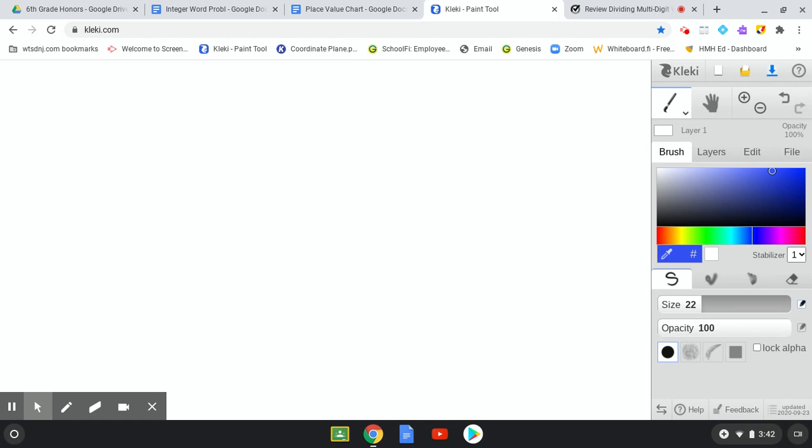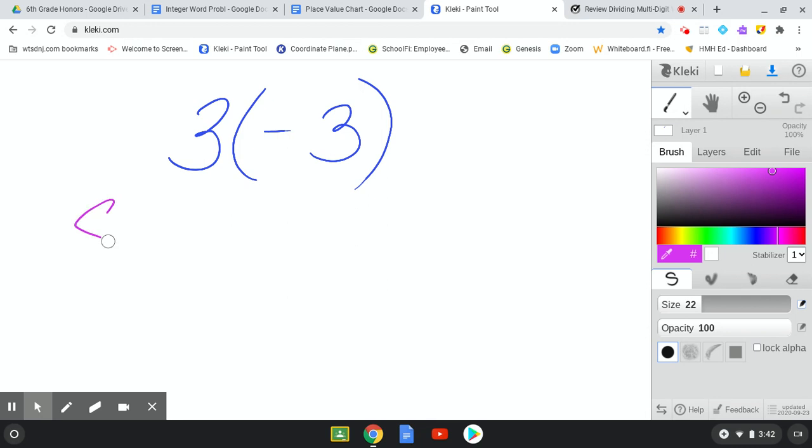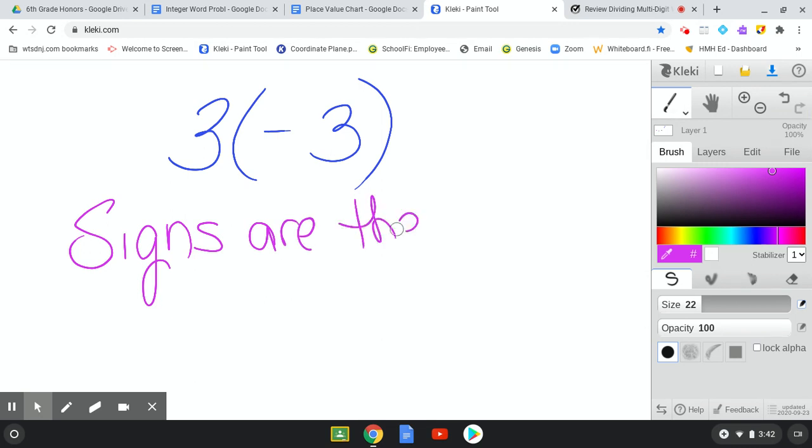So today, multiplying and dividing integers are actually way easier than the addition and subtraction rules. So let's get started. So we are going to take 3 and multiply it by -3. So rules for multiplying and dividing are pretty simple, okay? If the signs are the same, your answer is going to be positive, all right?